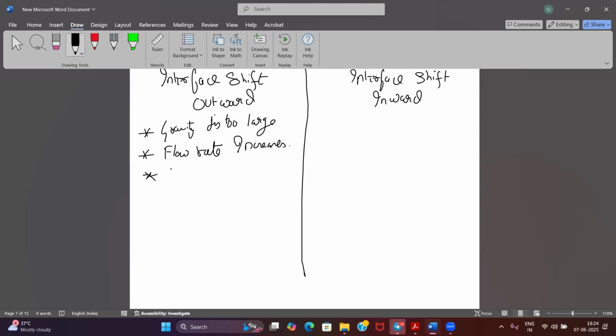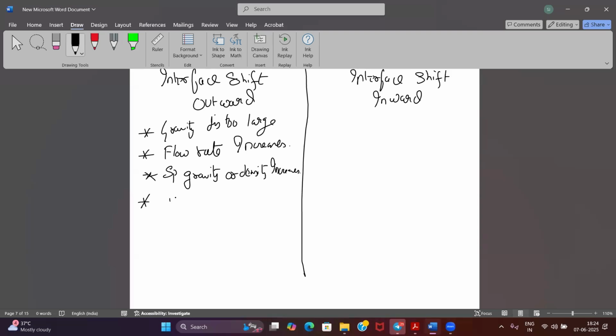Now next thing is specific gravity or density increases. We discussed this in the balance equation, right? Yes, sir.